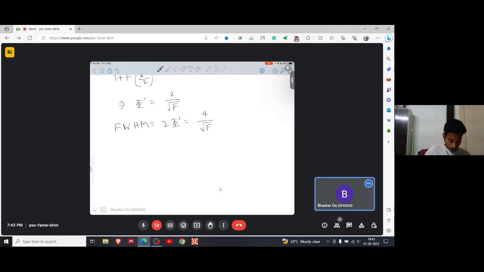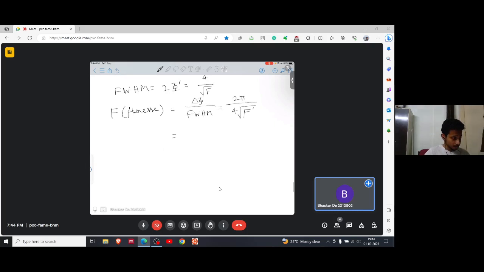So we will now define a quantity F. This is known as the finesse of the cavity, so it will be denoted as delta phi by FWHM. The maximum value of delta phi is 2 pi, and the FWHM is 4 by root over f dash.